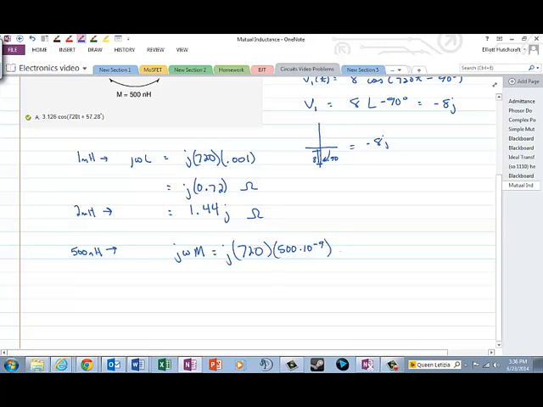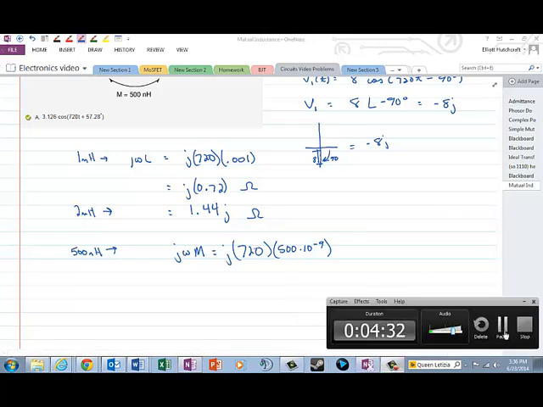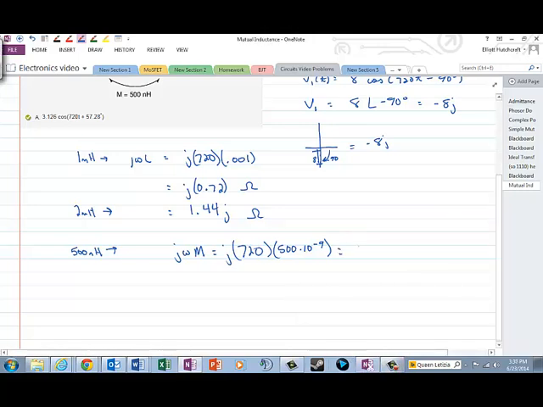When we calculate that, we get j 360 times 10 to the minus 6, and that's in ohms again.